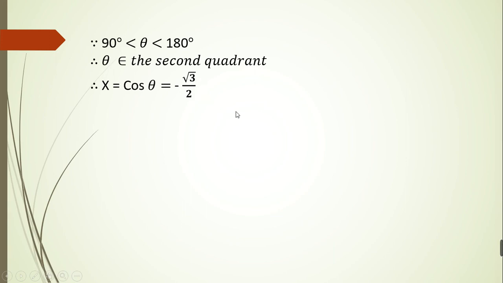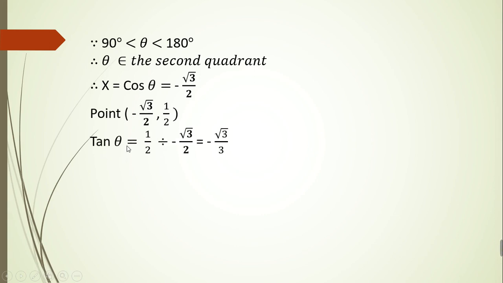Then we write the point as an ordered pair: negative root 3 over 2 and half. Then find tan theta. Tan equals sine over cosine, which equals negative root 3 over 3, and we already found cosine theta equals negative root 3 over 2.